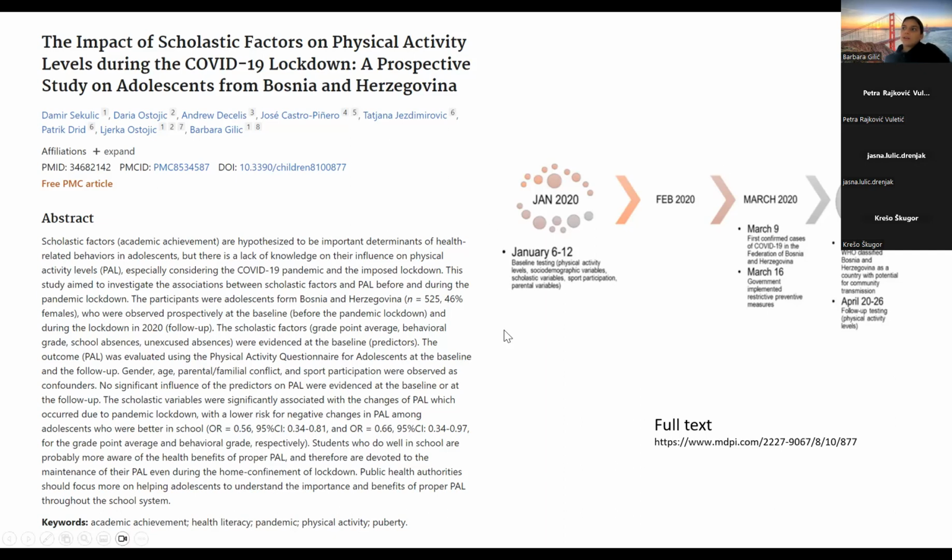So this is basically the most common example of the prospective studies.